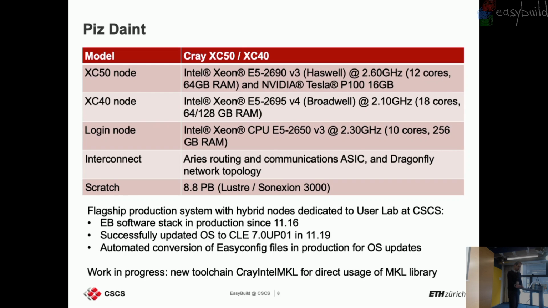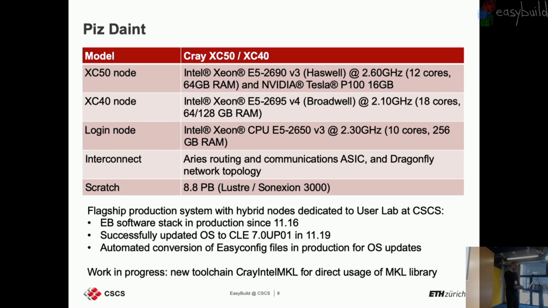Login nodes are fat for compilation and building. Most of our building takes place, in fact, on the login nodes for EasyBuild recipes in production with Jenkins. The interconnect is based on a Dragonfly network topology with adaptive routing. The scratch file system is 8.8 petabytes and is a Sonexion 3000.